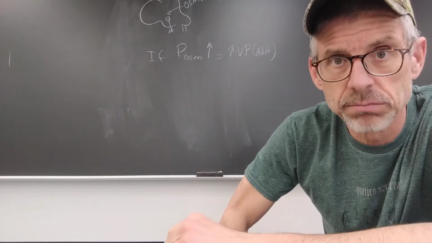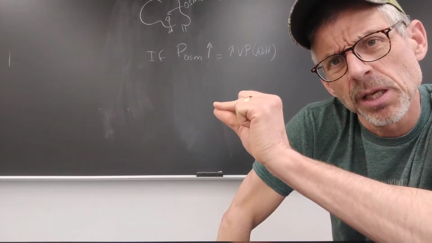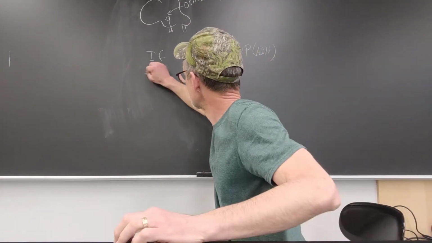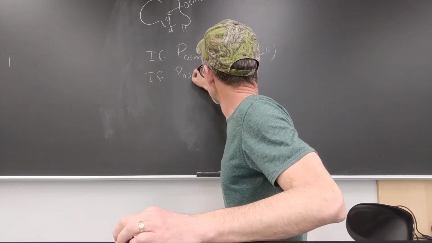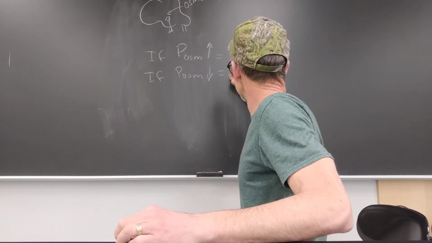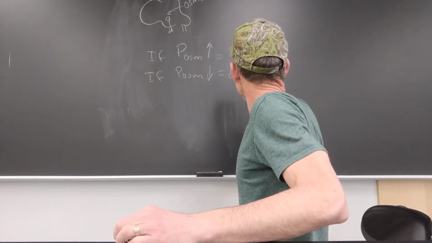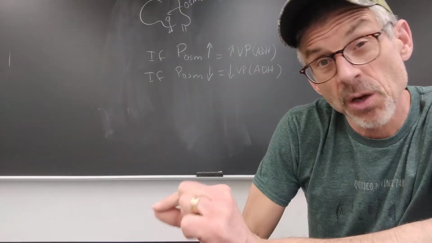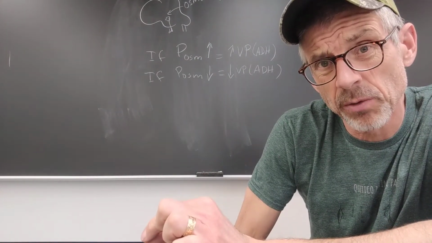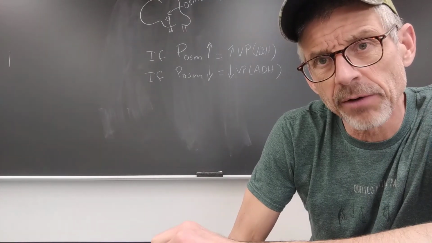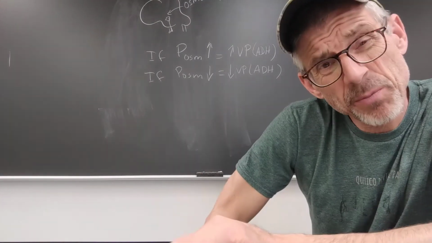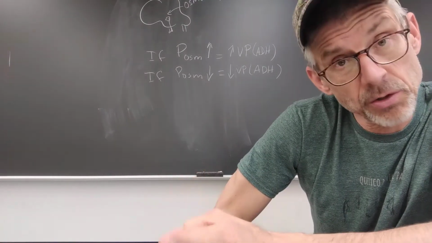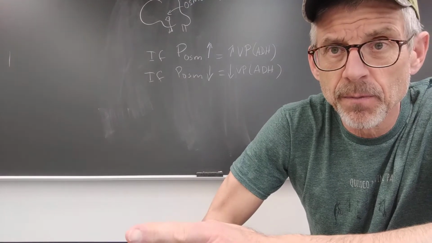Alternatively, if that plasma osmolality is lower than set point, we see a reduction in vasopressin levels being released, a reduction in the antidiuretic hormone. So we have to appreciate the controlling factor for the antidiuretic hormone, for vasopressin. The controlling factor is plasma osmolality.